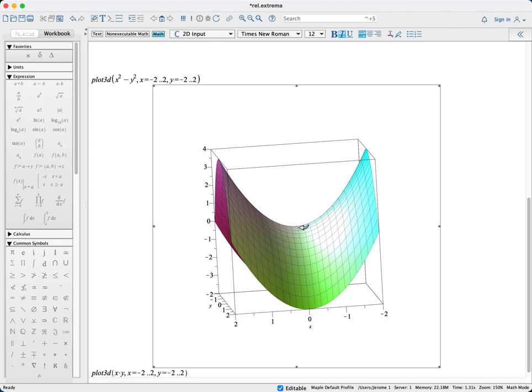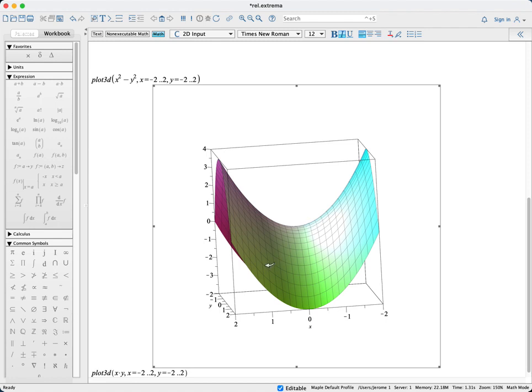Right in the middle, at that particular point, the surface is flat, but in one direction, for instance, if I start at that point and move in a direction that's parallel to the x-axis, my surface slopes upwards, so my z value will be increasing.